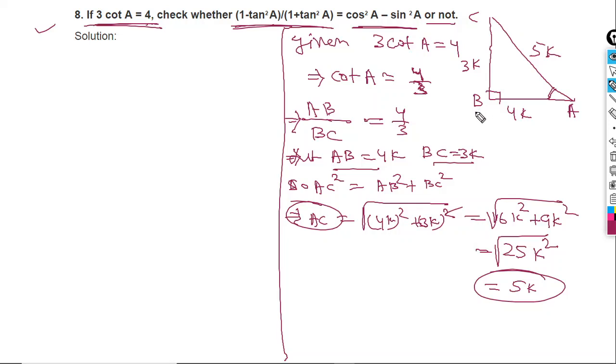So now what we will do? We have to check whether LHS is equal to RHS. So we will take one by one. We will first take the value of LHS, then see what value we find from it.